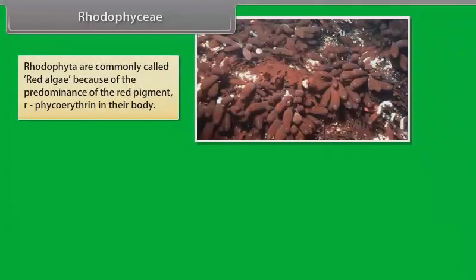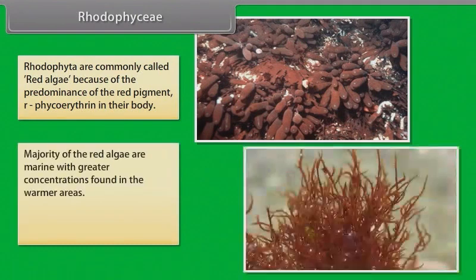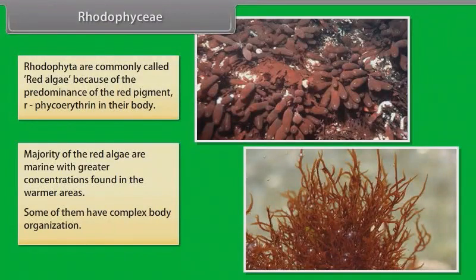Rhodophyceae. Rhodophyta are commonly called red algae because of the predominance of the red pigment, phycoerythrin, in their body. The majority of red algae are marine, with greater concentrations found in the warmer areas. Some of them have complex body organization.